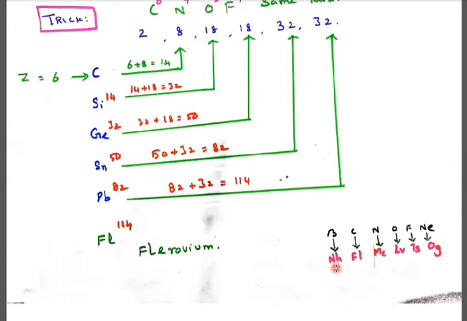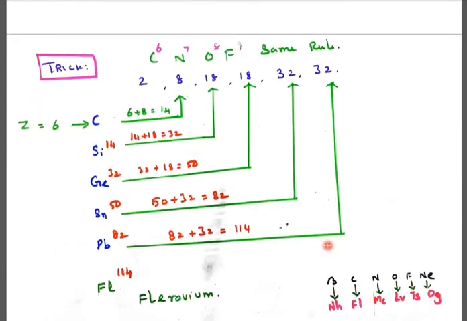To remember this, use the sentence: Nihonium, flerovium, moscovium, livermorium, tennessine, oganesson, that is Nh, Fl, Mc, Lv, Ts, Og. These are 113, 114, 115, 116, 117, 118. So these are the newly discovered elements.